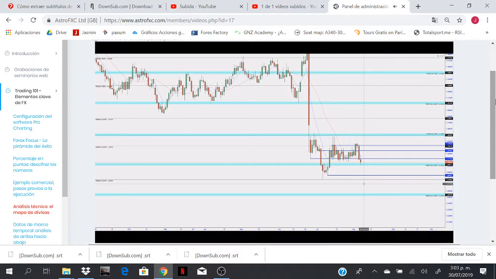So technical analysis, I would say, is 90% of how this market works. The key level structure is highly important. Looking at the overall trend direction is highly important, and going from the higher time frames down is extremely important in this market.